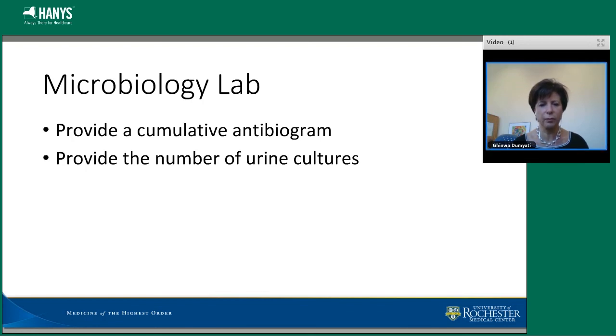The microbiology lab can also provide the number of urine cultures. For example, we started working with a nursing home, and we realized that the number one use of antibiotics in the facility, almost 100%, was for urinary tract infection. We dug deep into the cases, and we realized that a lot of people were being treated for asymptomatic bacteriuria.